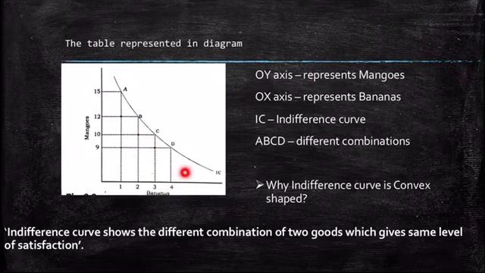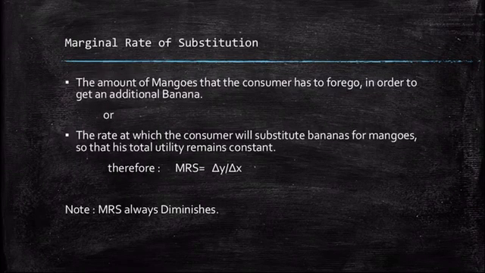Now, what is the exact reason it is taking a convex shape? To understand that, we must understand the concept called marginal rate of substitution. Can you remember the table?